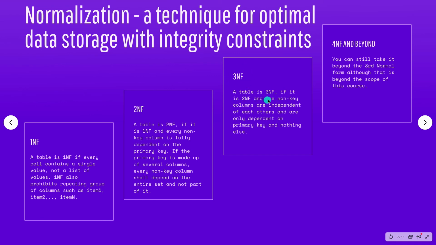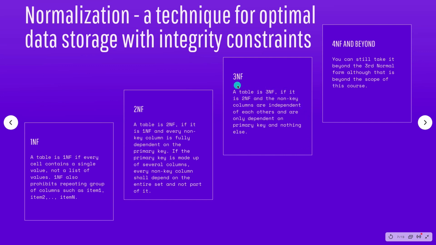A table is in third normal form if it is in second normal form and the non-key columns are independent of each other and are also dependent on the primary key and nothing else. So once your database complies to the third normal form, you can also take it to the next level. However, that is beyond the scope of this discussion.